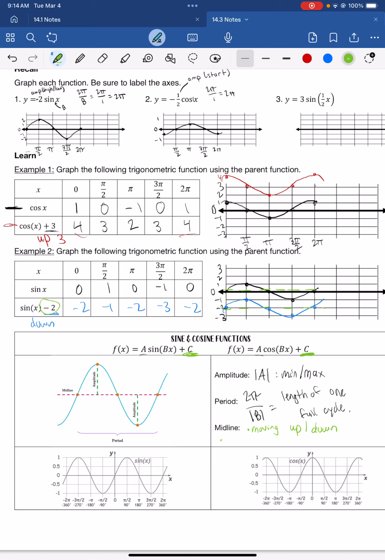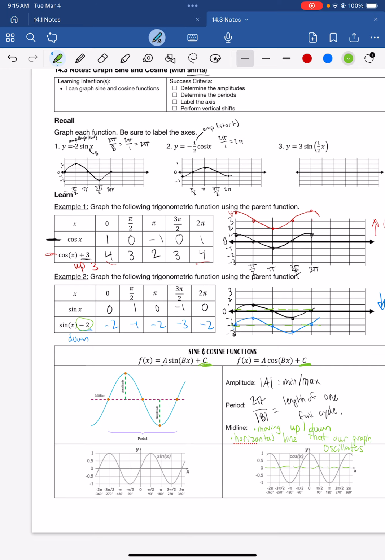We'll say that this is the horizontal line that our graph oscillates around, which just means it goes around. So it'd be right here at 0, 0 if nothing's changing, right? Okay, sweet. So let's try a couple on the back of your notes.